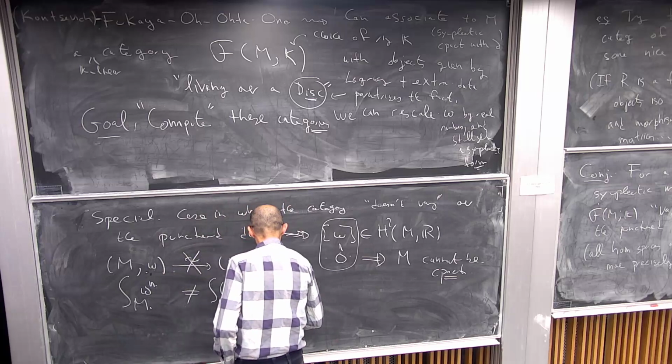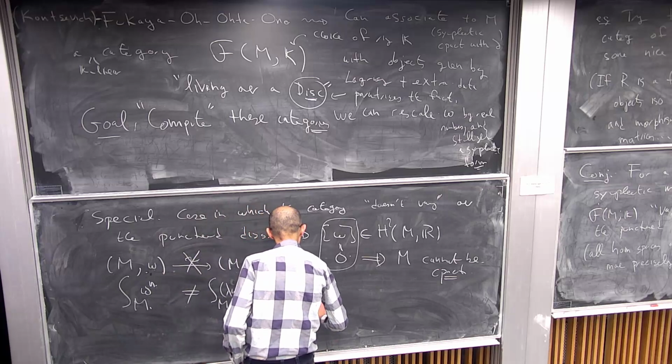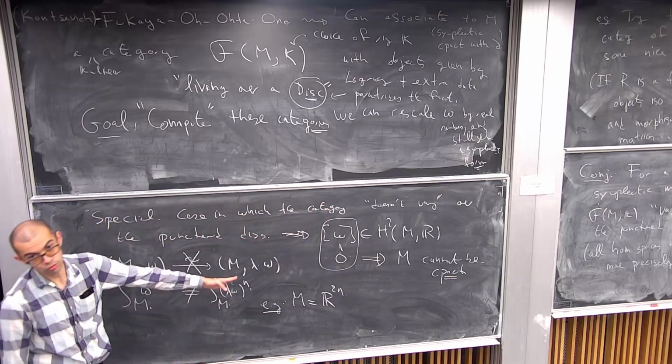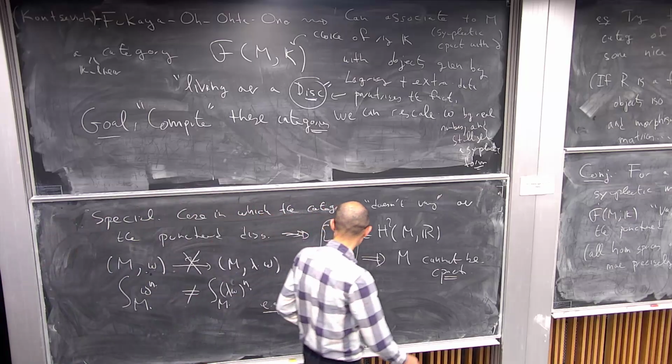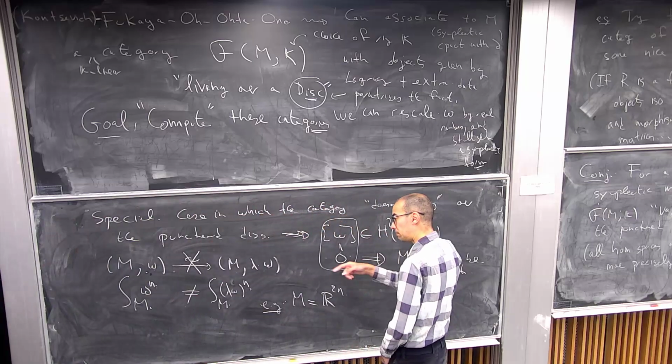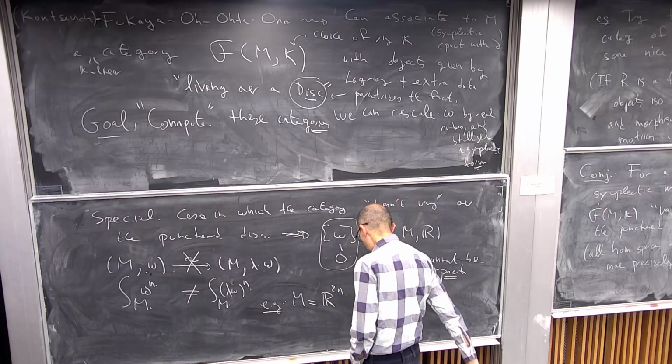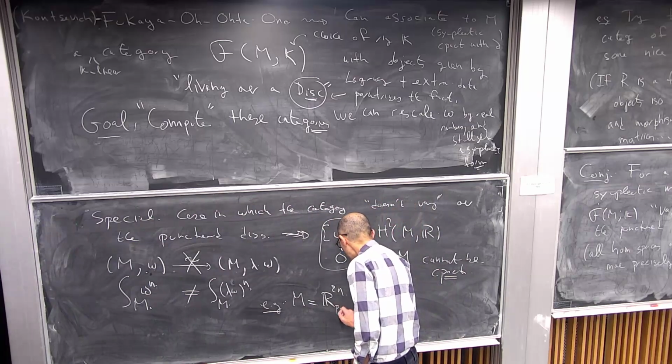So for example, if M is, well, this is very stupid, R2n. This is too stupid. Come back to this in a second. I need to give you some symplectic form. The standard thing to do is to use p and q coordinates.